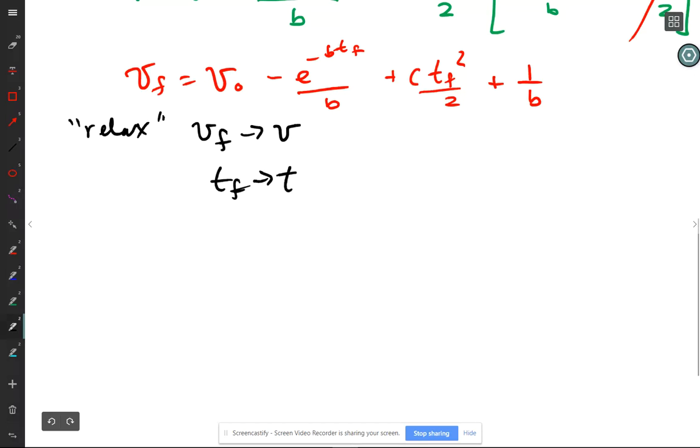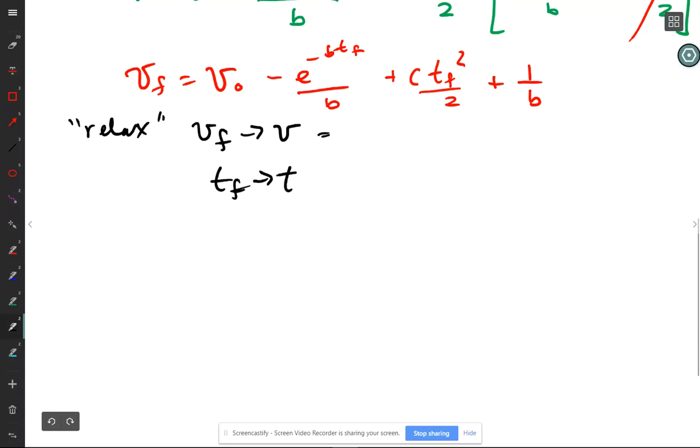V final was the speed at whatever time I stop. T final was whatever time I stop. So I'm just now going to let v final be called v again and t final be called t again. I had to put v final in my integrals because I can't integrate and have my limit the same as my variable of integration. So to be a legal mathematician, I had to have something besides just v and t. But now I'm coming back to that.